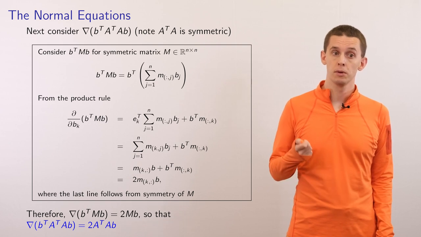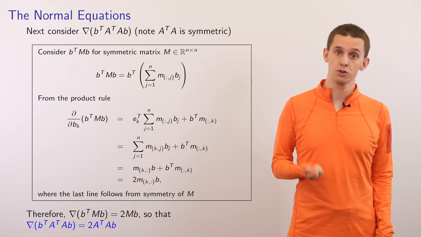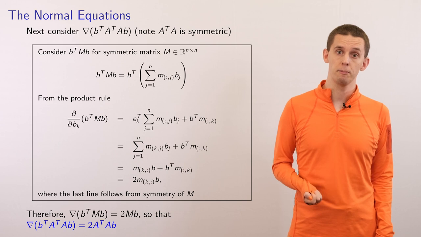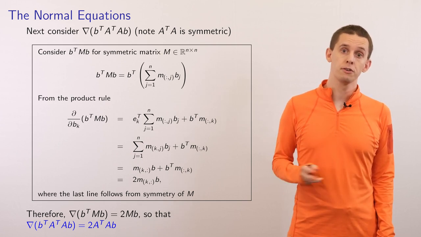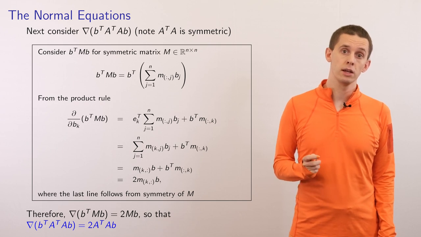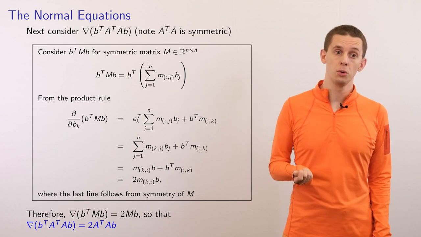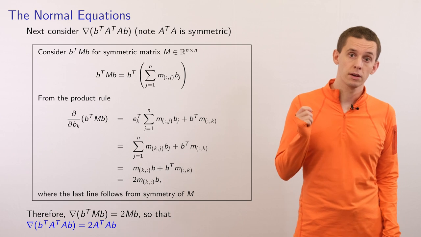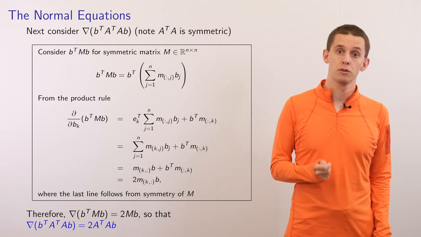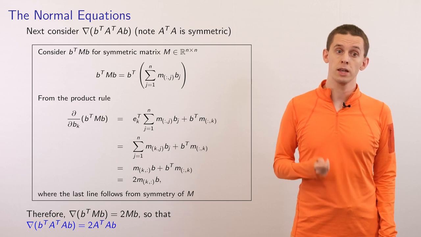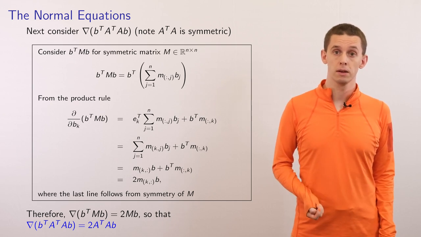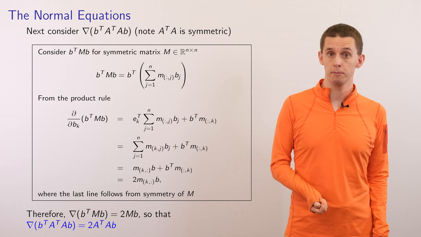And the second term is then just b transpose times the kth column of M. Now that first sum is actually just equal to the kth row of M multiplied by b. And the second term is b transpose multiplied by the kth column of M.